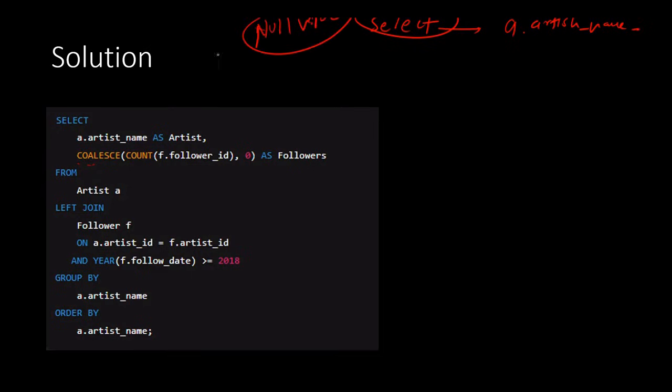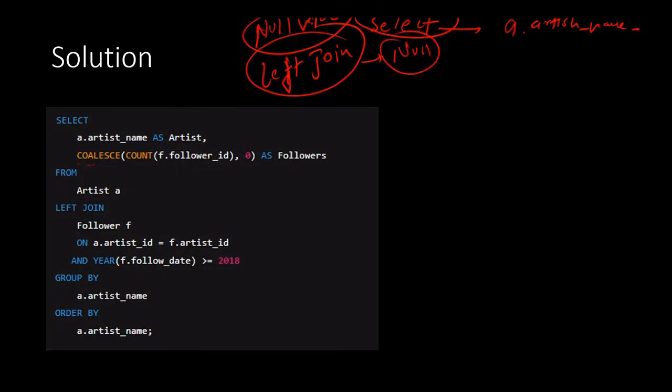Okay, and we already know we are joining the tables using left join, because we actually need to include all the artists, right? Suppose if there is a count which is null, or suppose no follower is present in the second table, then what will we do? Okay, then we will be getting the null value, but we want to replace that null with 0. That's why we are using this function, and this function can replace the values with 0.